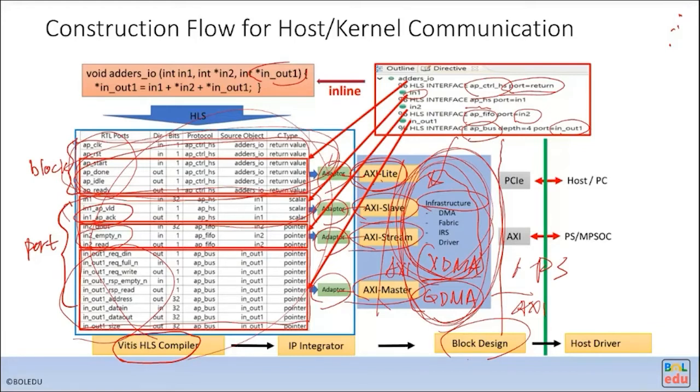Okay. So when you do the HLS, Vitis HLS synthesis creates an IP level. Remember you have an IP level and a kernel level, different targets.